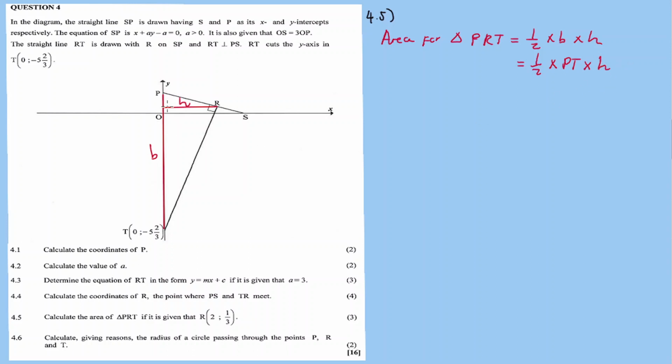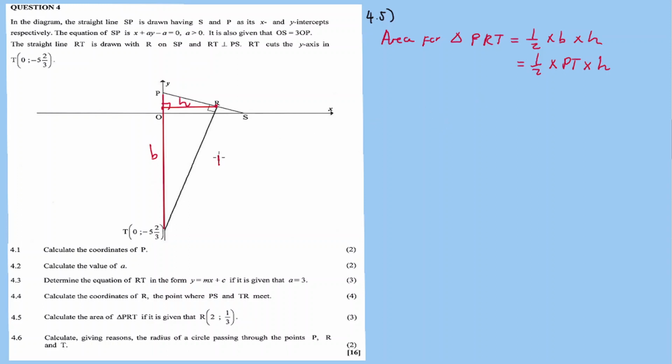Let's call it height, ngoba angikhona ukwenza i-reference kahle, because it goes from here to R. If there was another point, maybe C, I would say CR, but I can only say this is my height because I have shown it on the sketch, from here to here. This height is also perpendicular with the y-axis. Yes, your height must always be perpendicular to your base. Let's just focus on PT first.